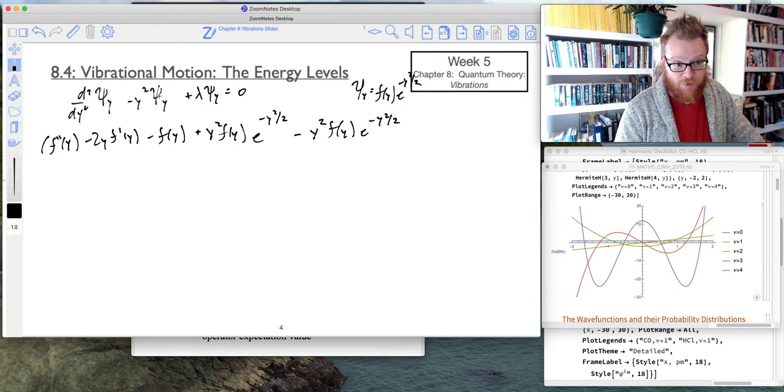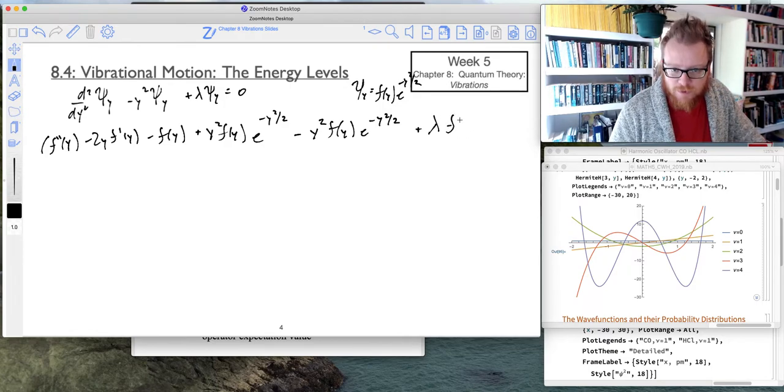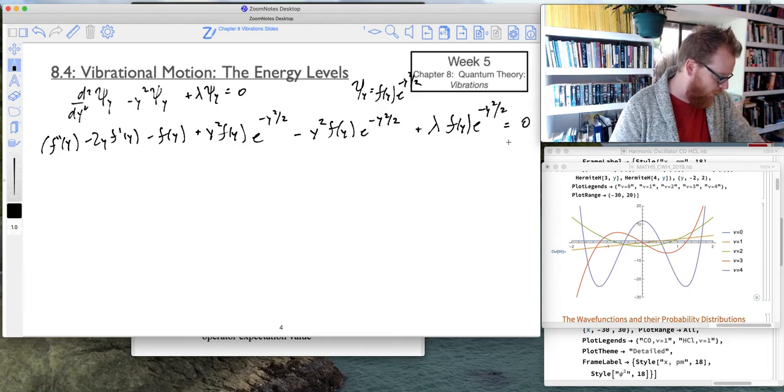That takes care of this middle term. And then finally, that's plus lambda times f of y times e to the negative y squared divided by 2, all equal to 0.